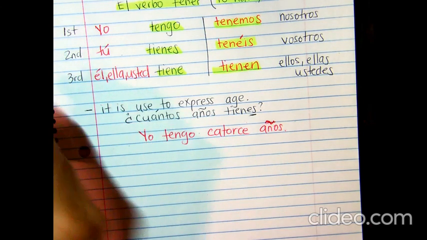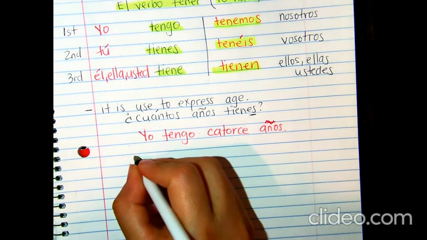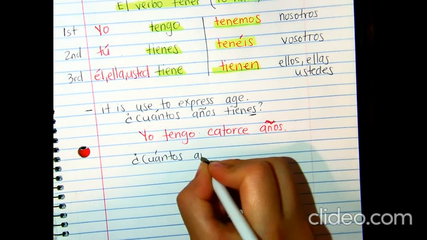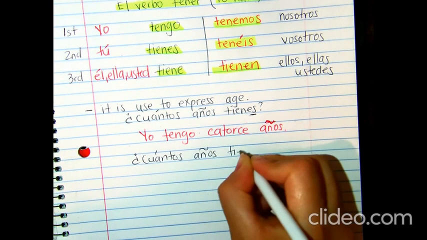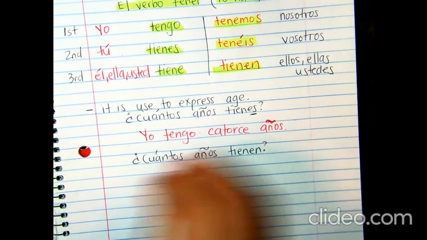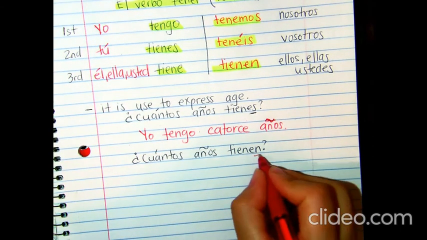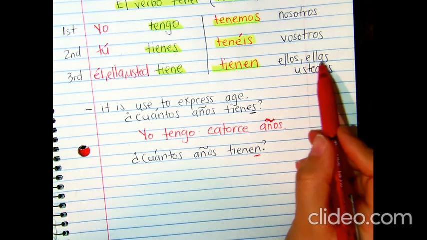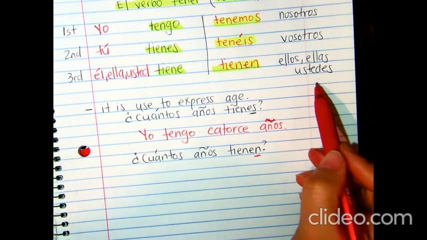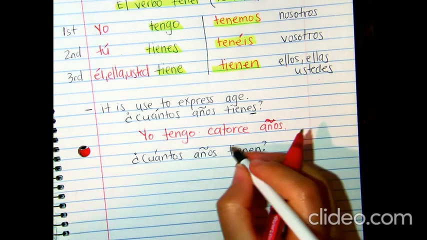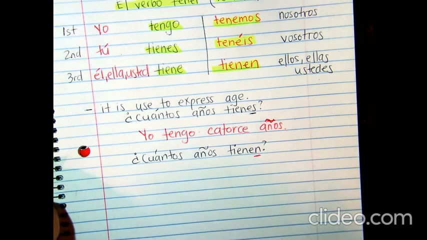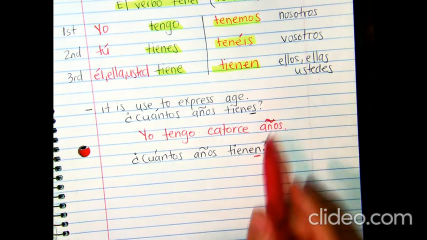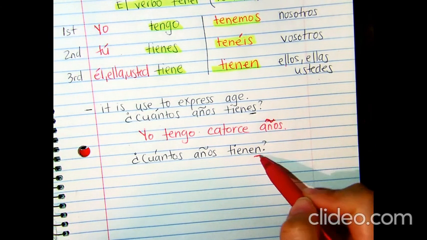Okay. Let's say you see another question and say, ¿Cuántos años tienen? Notice right here, it's tienen. It's either ellos, ellas, ustedes. This is an ustedes form question.